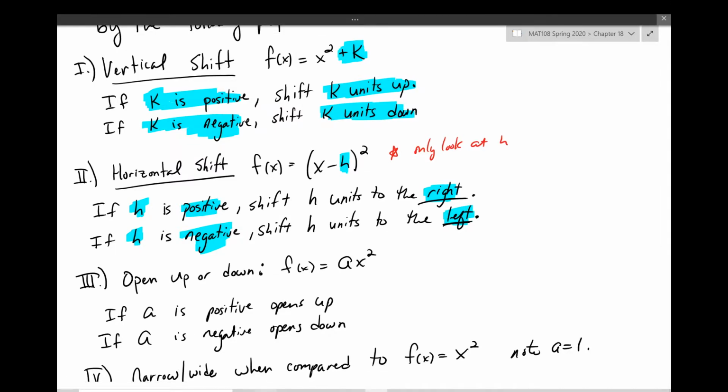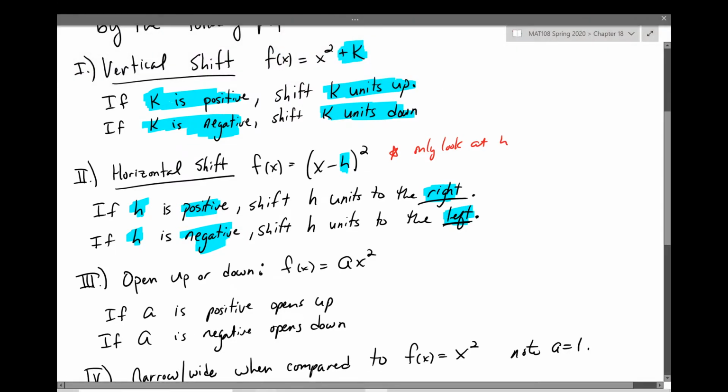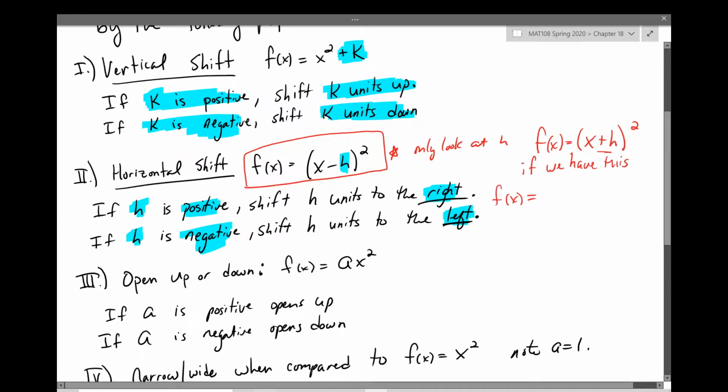Now, there is something I'm going to write here in red because this is extremely important, okay? Back to this right here, all right? You may come into a situation where you have this plus h, okay? If you have the plus h, you got to rewrite it as f of x equals x minus negative h squared, okay?